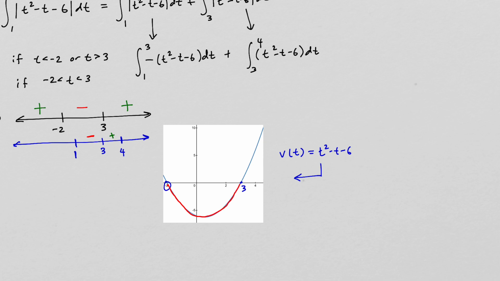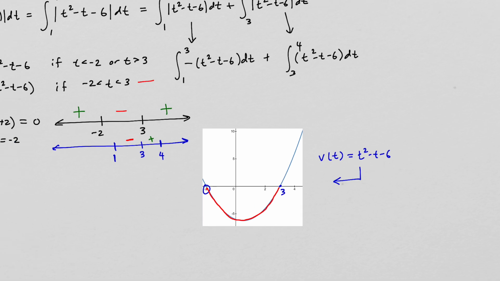That means it's negative. So that's representing this part of the definition. But if I look at the function to the right of 3 or to the left of negative 2, it is above the axis. And that's this part of the function.